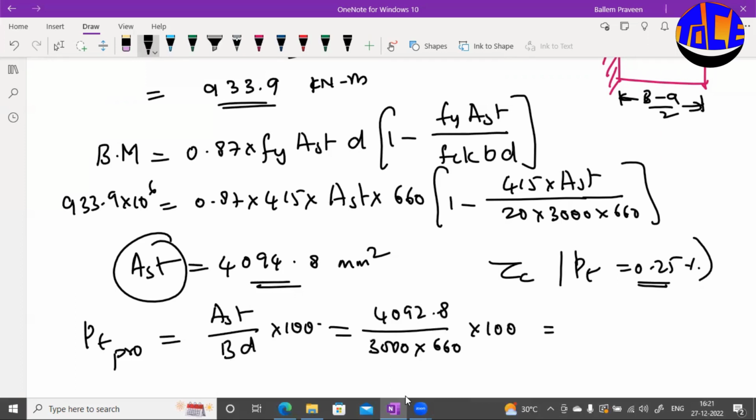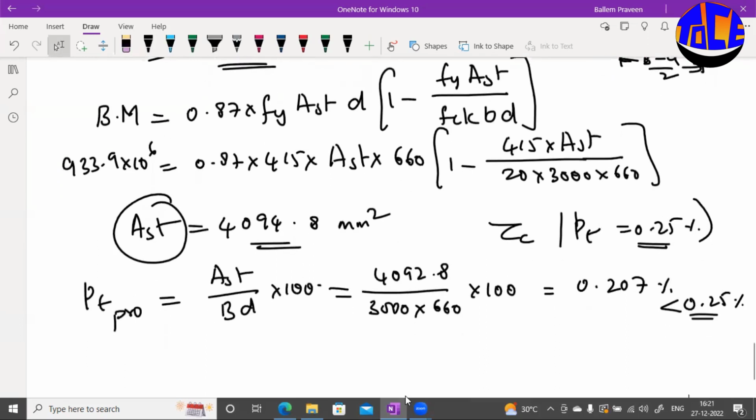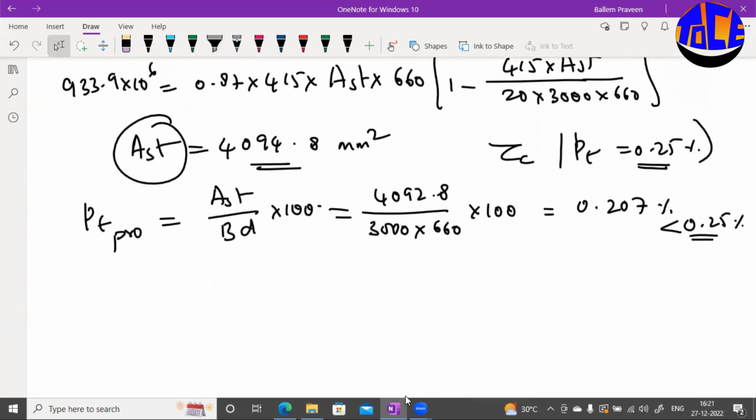So it will be around 0.207, which is less than 0.25%. So since it is lesser than what you have assumed, let us provide the assumed reinforcement. So therefore provide 0.25% of steel as reinforcement.